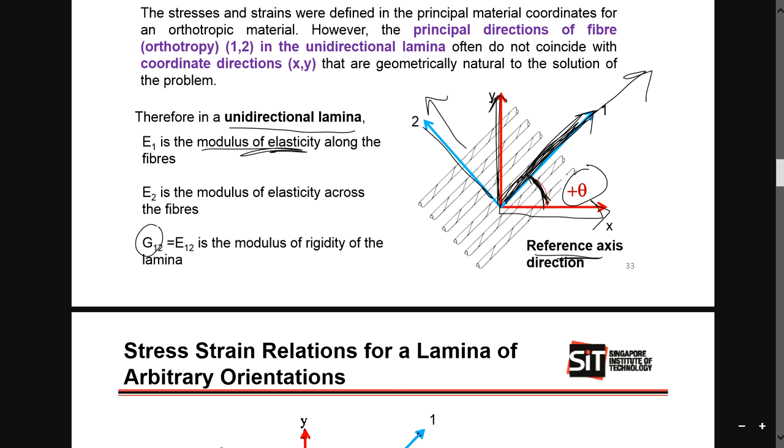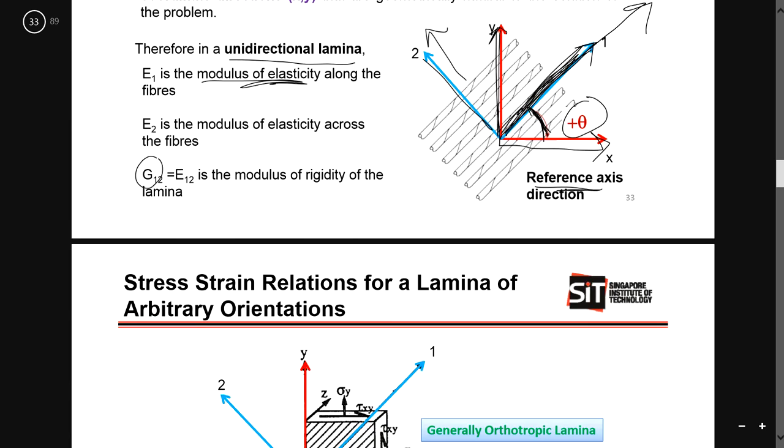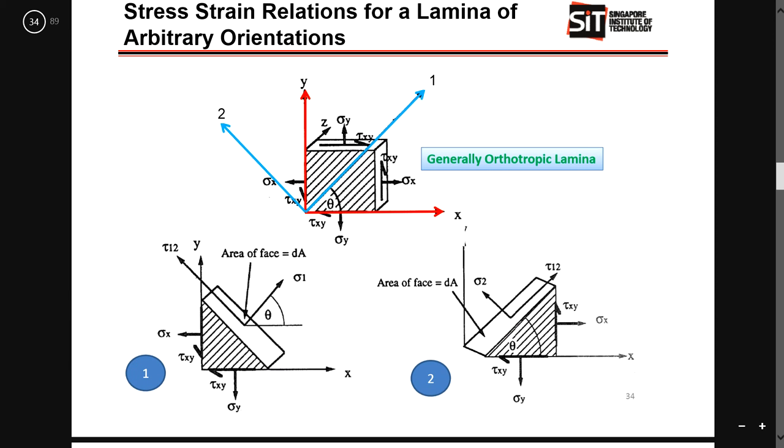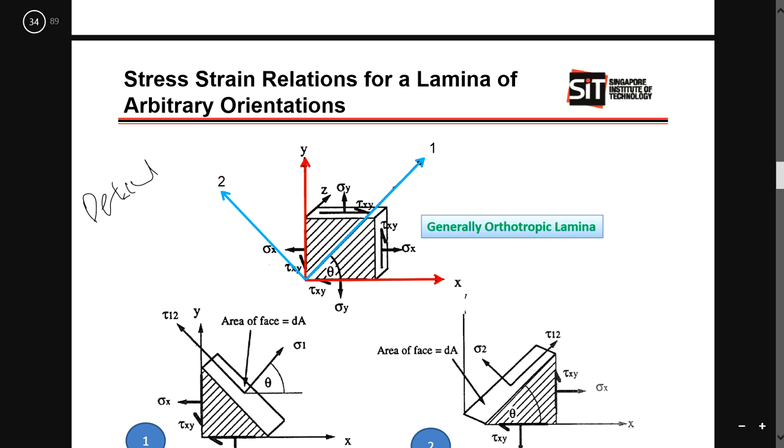Nothing special. Coming up next, the page after this is a more detailed picture. Previously it was just this, and now they are actually putting in a material. This is the shape of the material, and you are orienting your fibers in this direction.